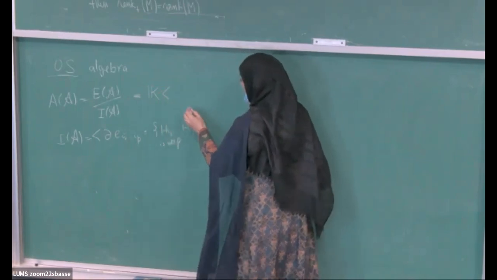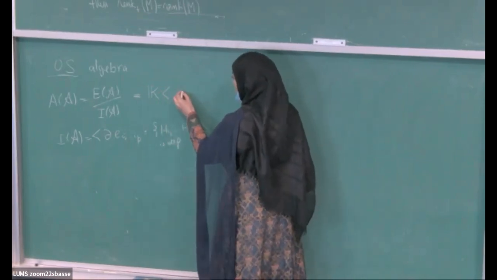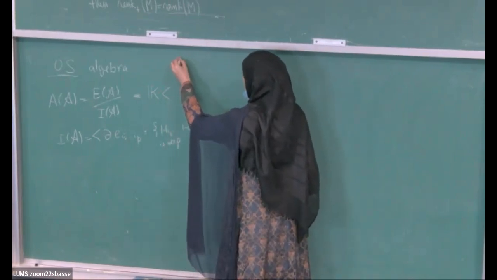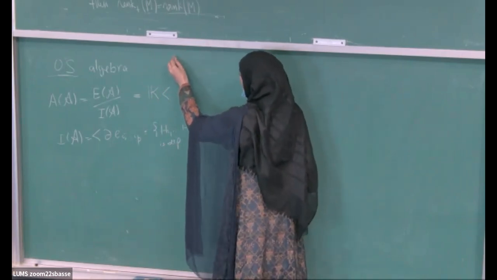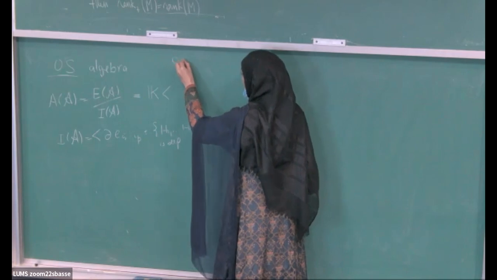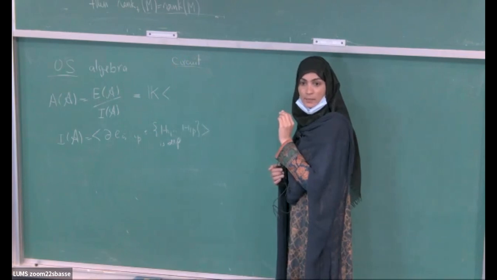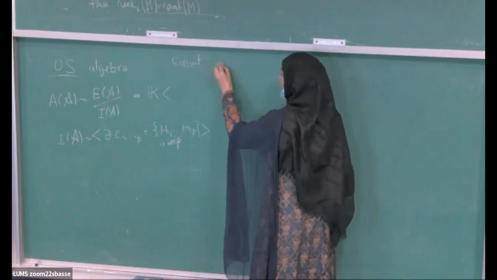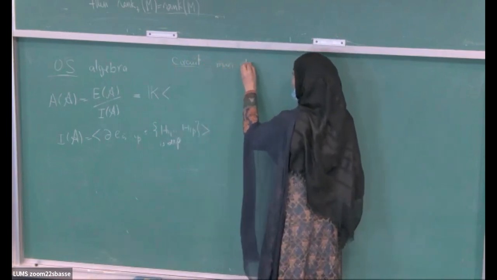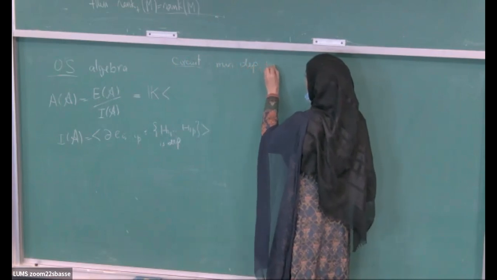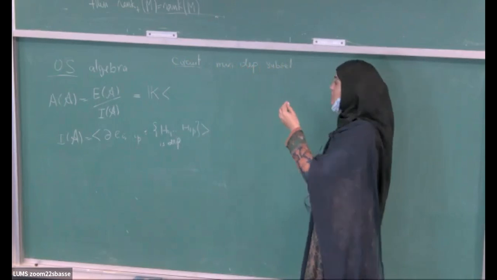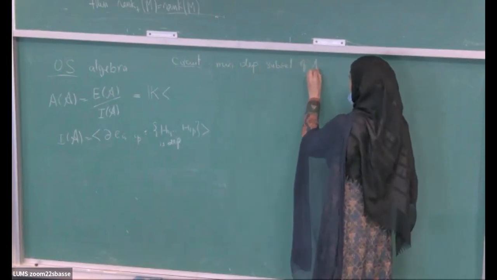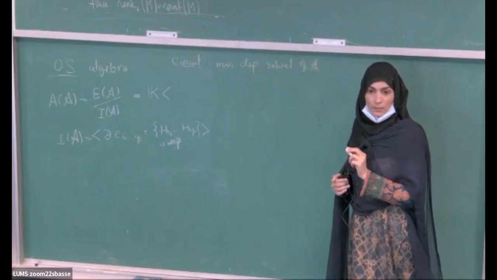If you remember, you have already seen this circuits notion in Sarah's lecture, right? Circuits are the minimal dependent subsets. So in our case, they are minimal dependent subsets of the arrangement.